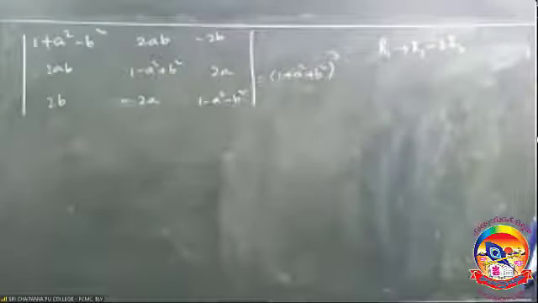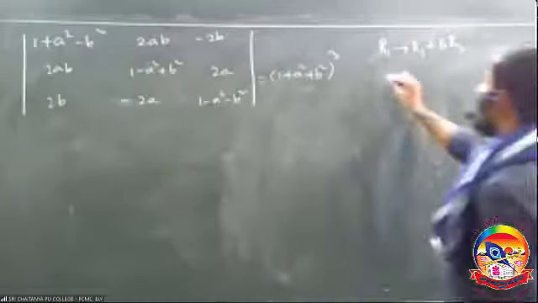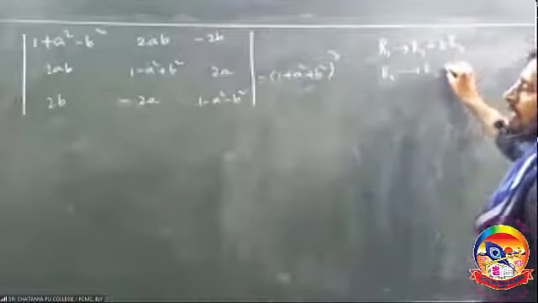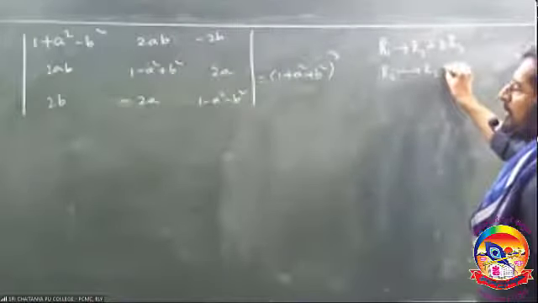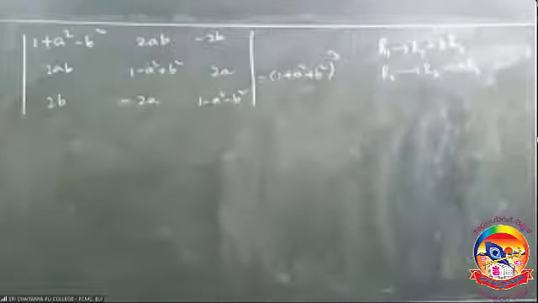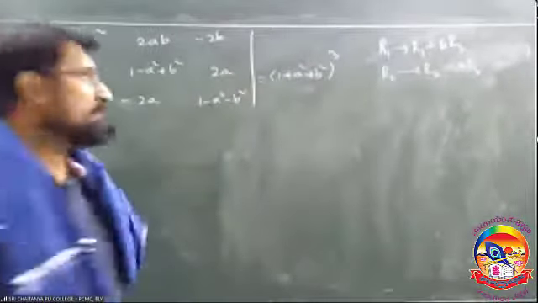It is not a minus, it is plus. R1 changes to R1 plus B into R3. R2 changes to R2 minus A into R3. These are the 2 steps. I said that there are only 2 steps to do. I have given you the 2 steps.